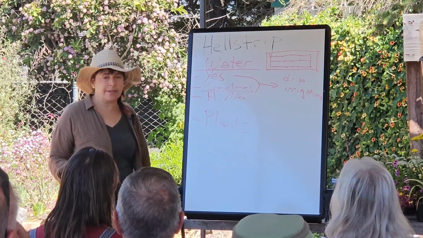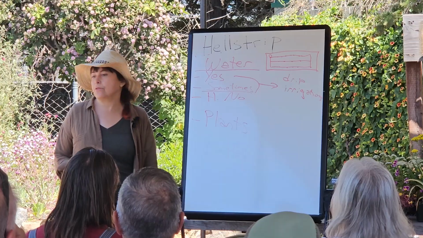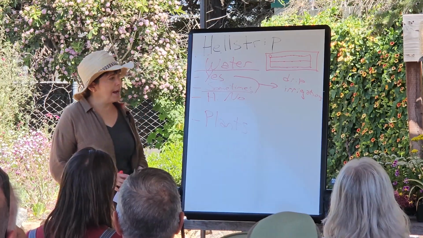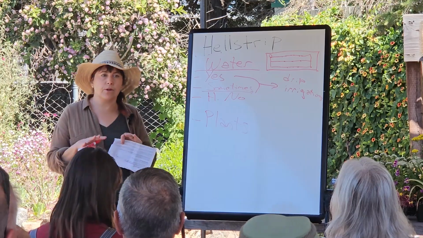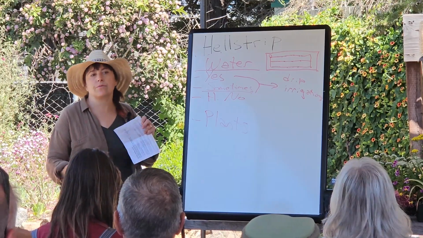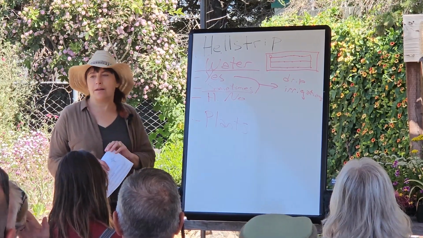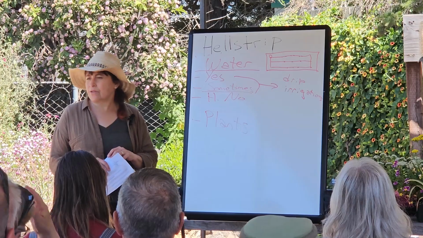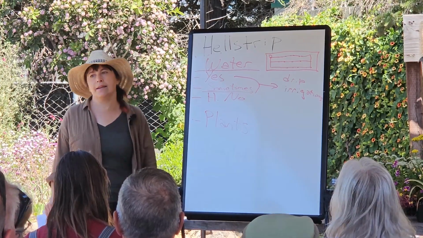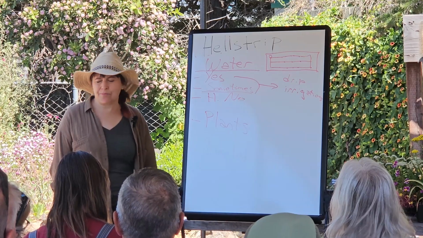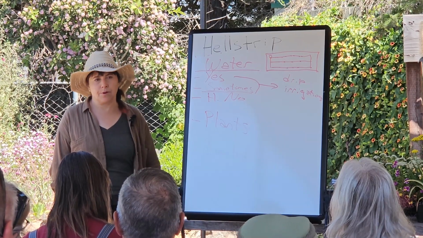Obviously, if you can't even dig a hole, you're going to need to do some chopping. But I like to use compost as a top dressing under the mulch instead of having to rototill it in. So it's going to depend on your soil type. If you have compacted clay, you're probably going to have to do some rototilling.